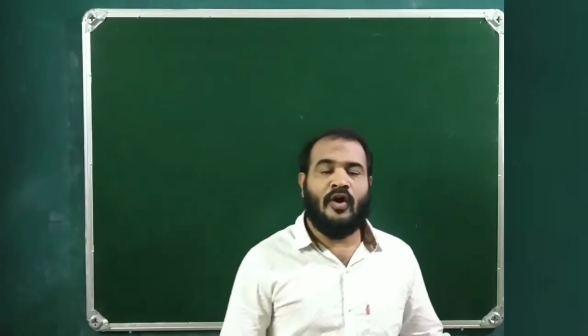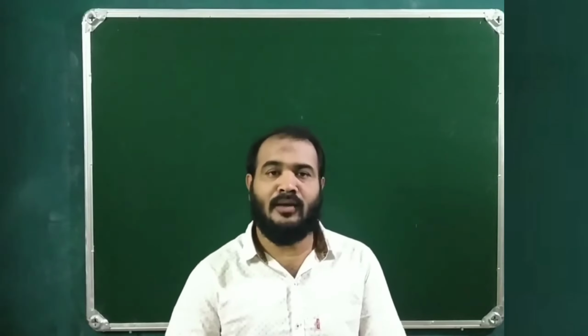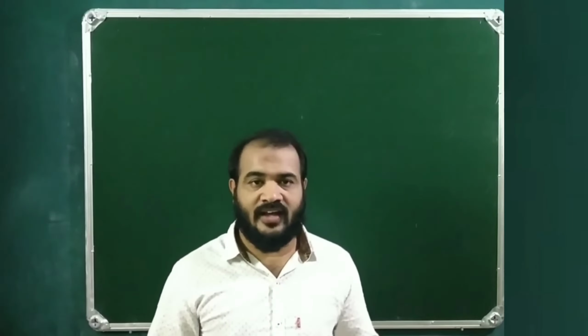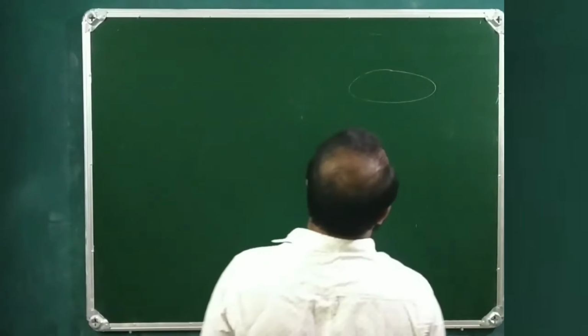Now let us discuss the point of intersection of the ellipse and a straight line in a plane. So that is the relative position of a straight line with respect to an ellipse. Let us suppose that this is our ellipse.